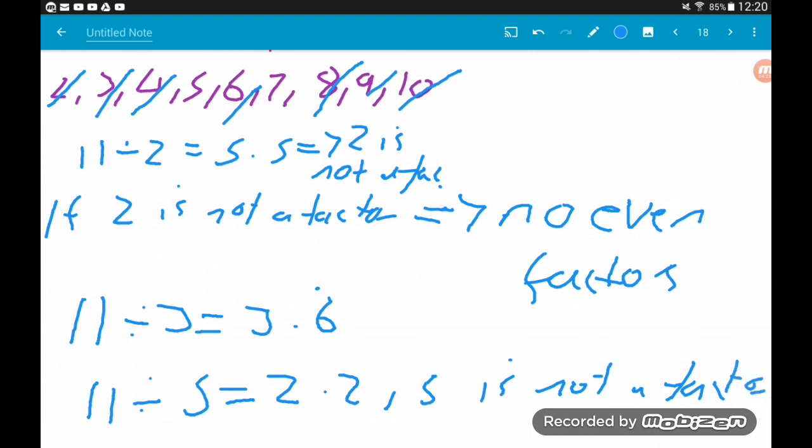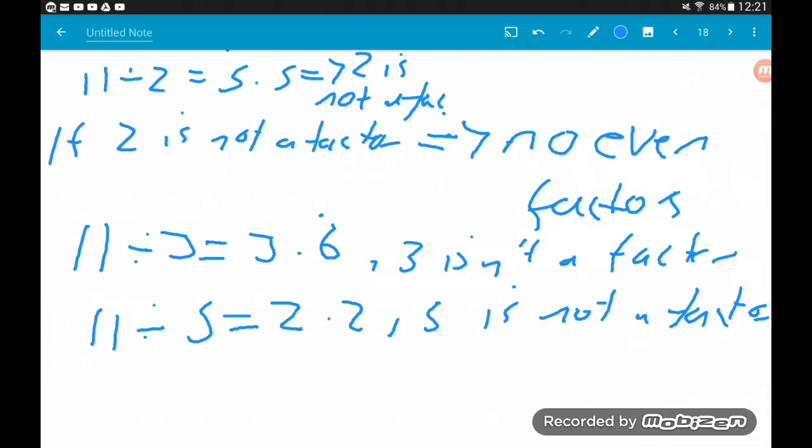Now I forgot to write that up here for 3. This told us 3 isn't a factor. So we've just shown that 5 is not a factor, so we can cross him out. That leaves us with one more possibility, which is 7.